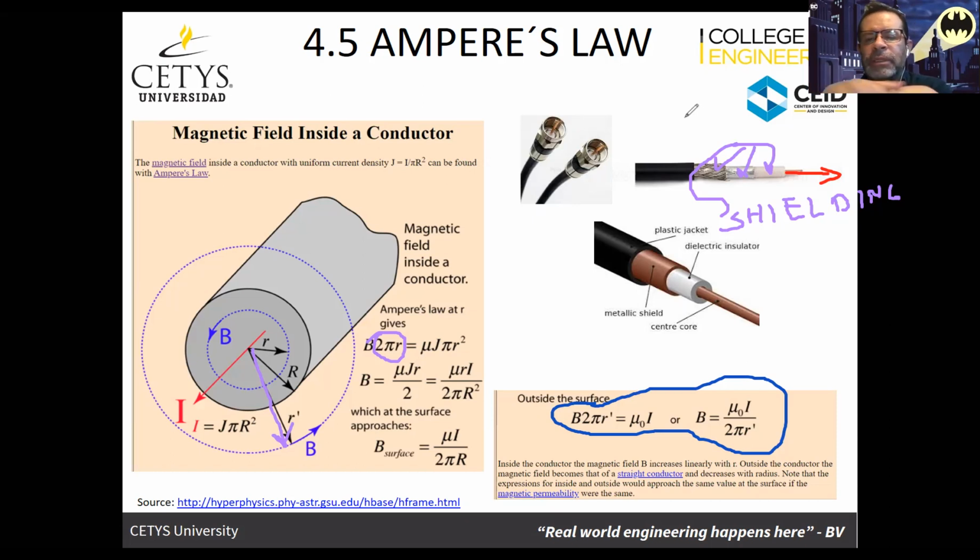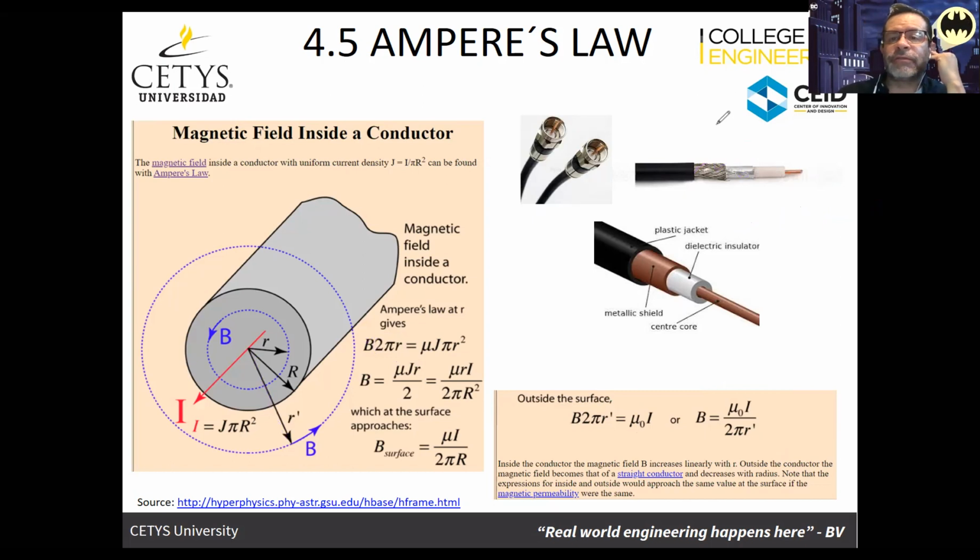Right now we're talking about permeability zero, for vacuum. The magnetic field is going to be stronger closer to the current source and weaker farther outside of it. And obviously the strength of the current. Those are the factors that affect the magnetic or electromagnetic phenomenon.